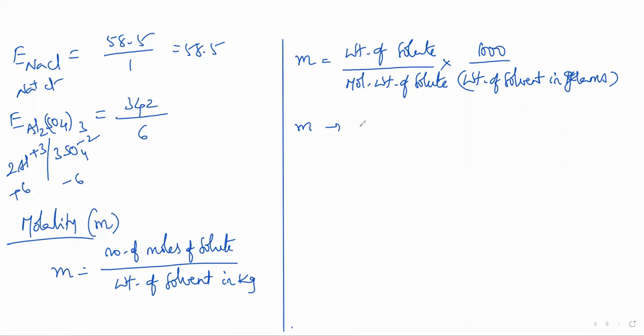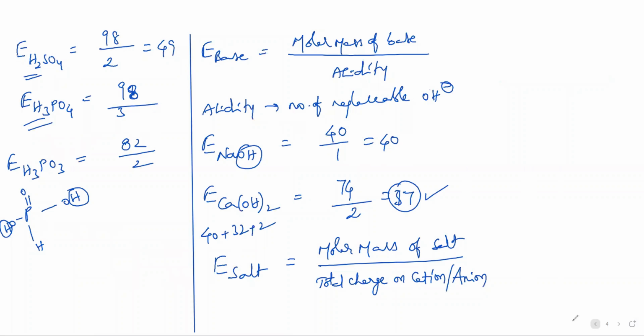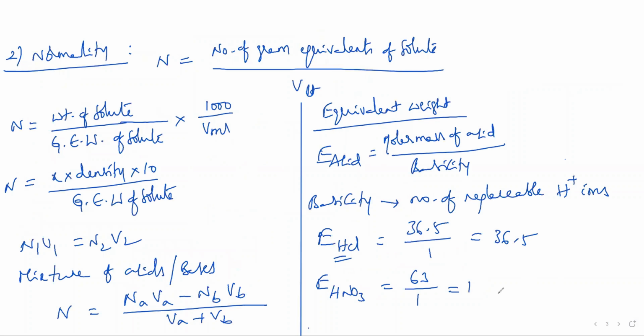Now molality is independent of temperature. Then what is the unit? Moles per kg. Let me get back to normality once again because I will give you temperature dependence. Normality is inversely proportional to temperature.